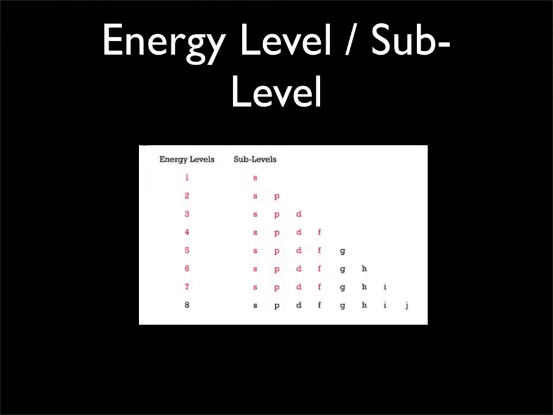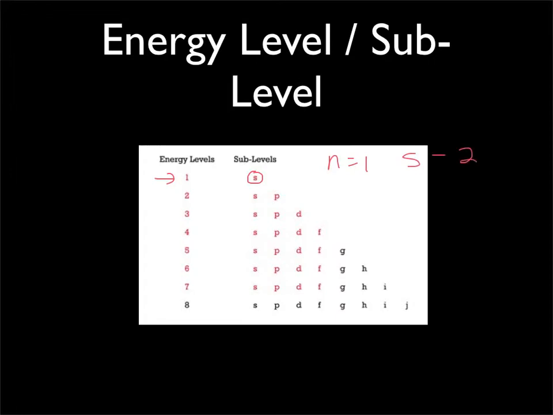We were just talking about the different levels, and I said that in level 1 there's one sublevel. And they label the sublevels with letters. At least at the beginning here, there's no real organization to what these letters are. So the first sublevel is S. In energy level 1, n equals 1, you have sublevel S, and that can hold 2 electrons.